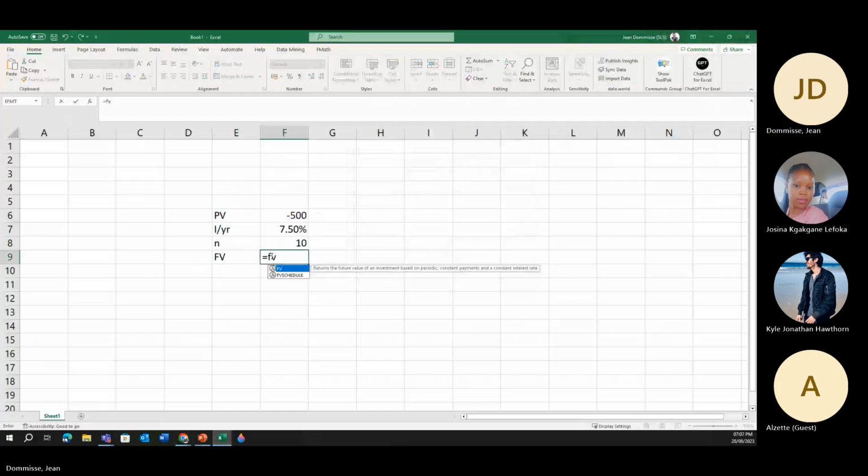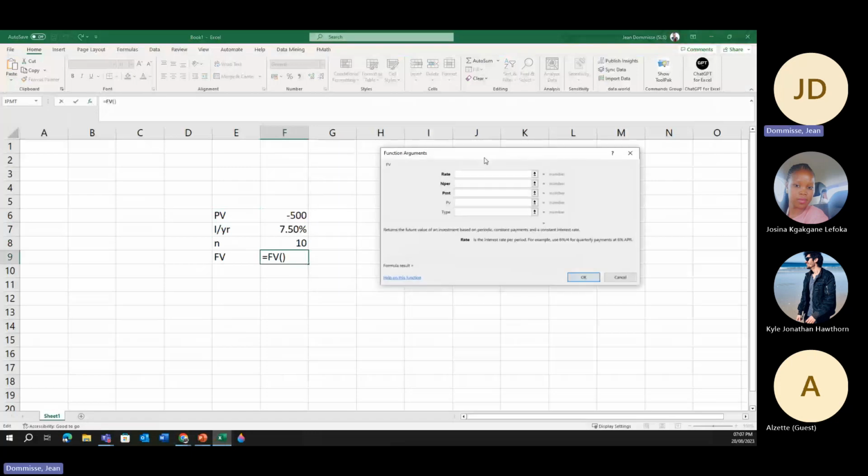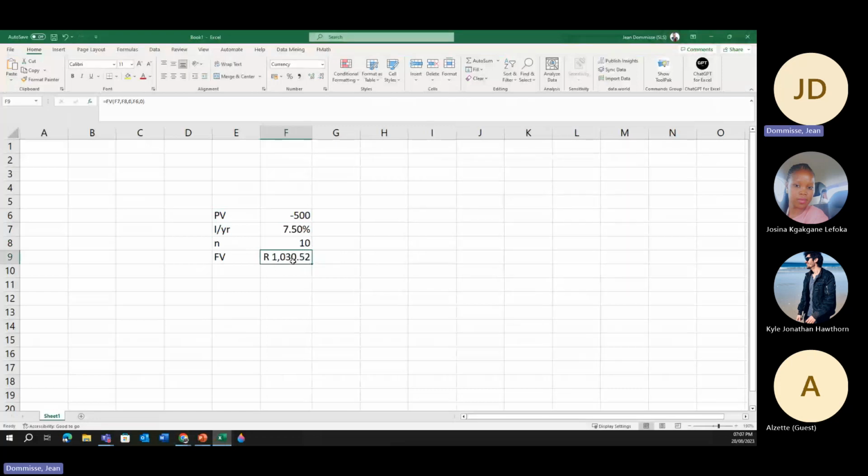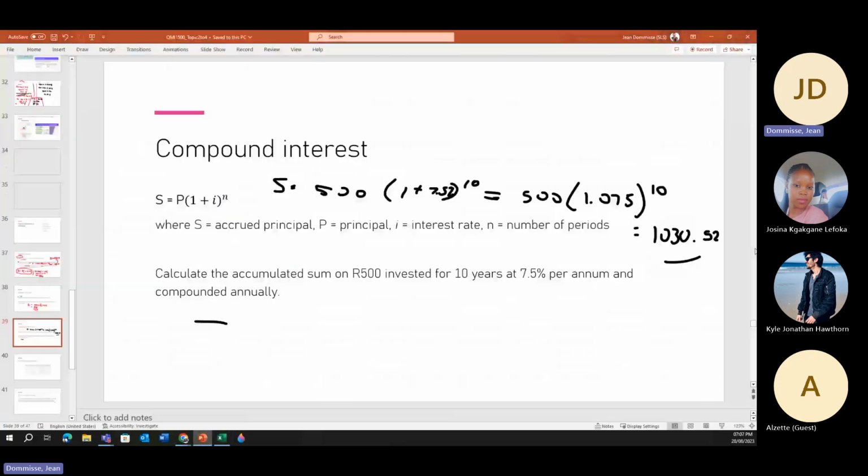Why is my normally set up? Okay. So what is your interest rate? You can put it there. How many times per year? We're not doing any payments in between, so that is 0. We've got a present value of 500, and we are paying it at the end of the period. There you have the answer of 1,030 Rand and 52 cents.